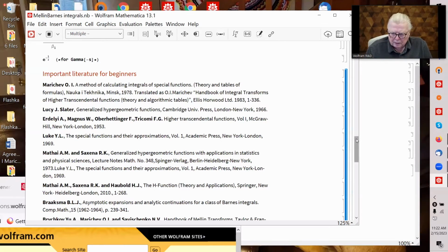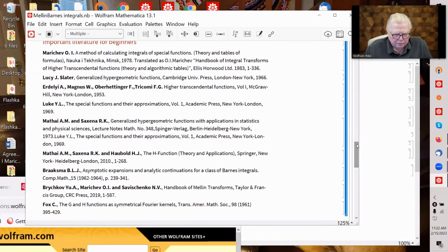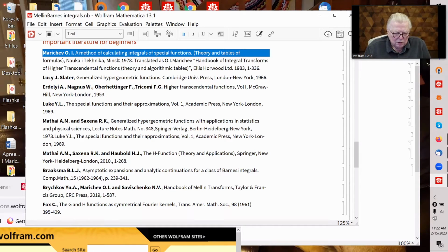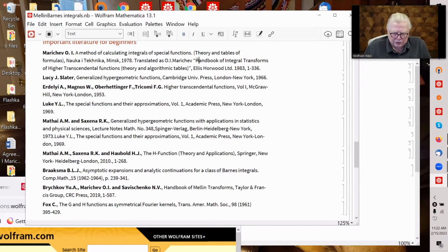that in my own history, I met Mellin-Barnes integrals about 55 years ago, maybe. In my first, during work with my first PhD dissertation. And as a result, I published this book, which was translated from Russian with different name.